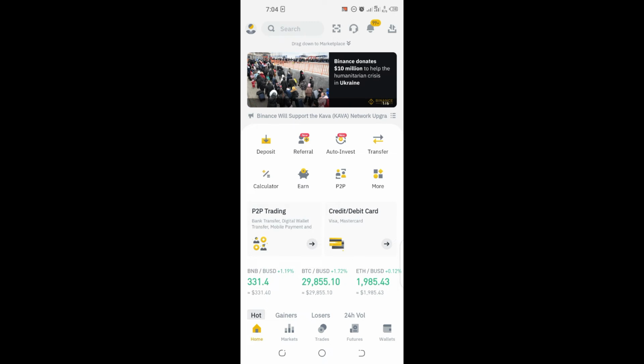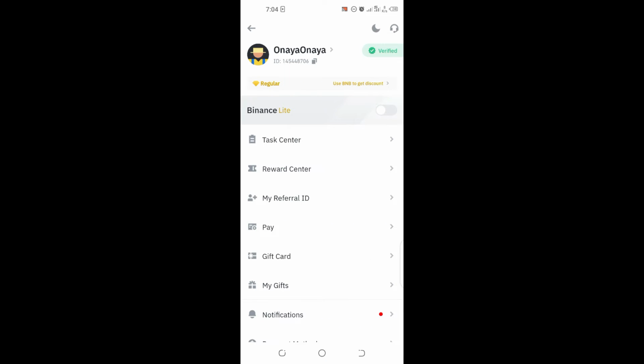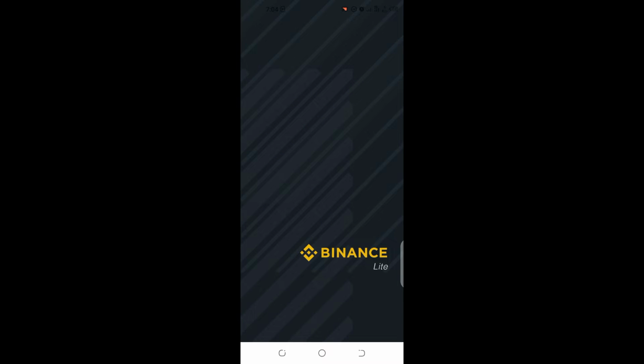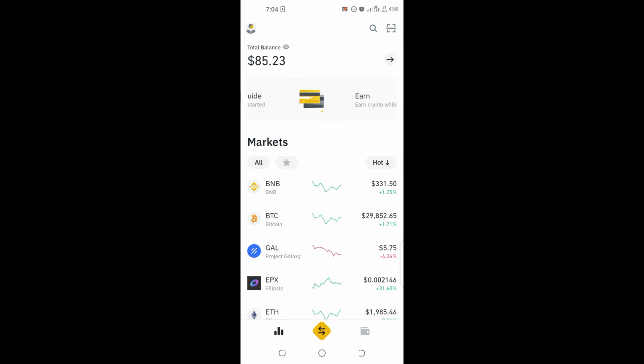If I toggle up here, I will see the option to click Binance Lite. So I can toggle the button here, and it goes to Binance Lite. As you can see, I am on Binance Lite. On Binance Lite, you cannot do spot trading or futures trading.